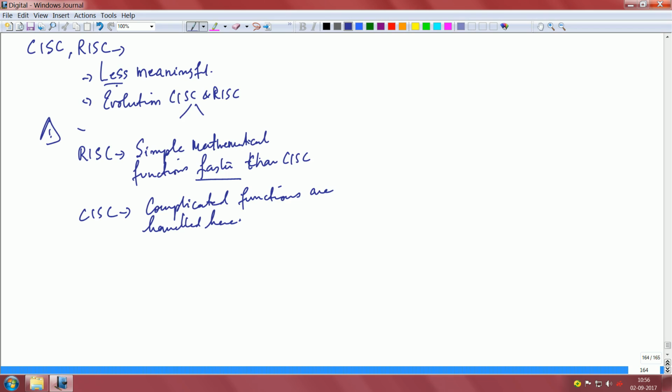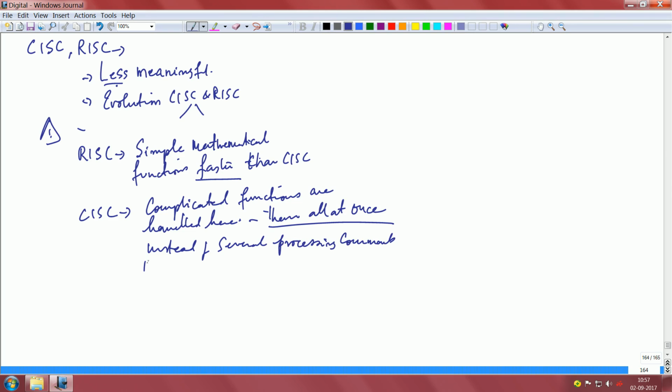It is not only about complicated functions being handled faster, it can do them all at once, instead of several processing commands that a RISC processor can complete.